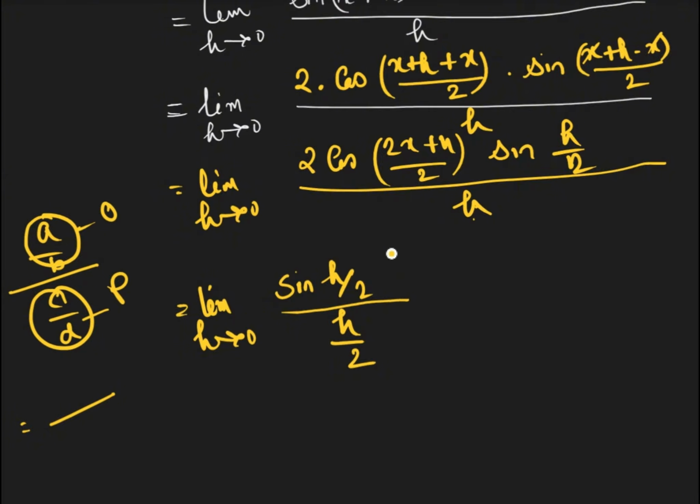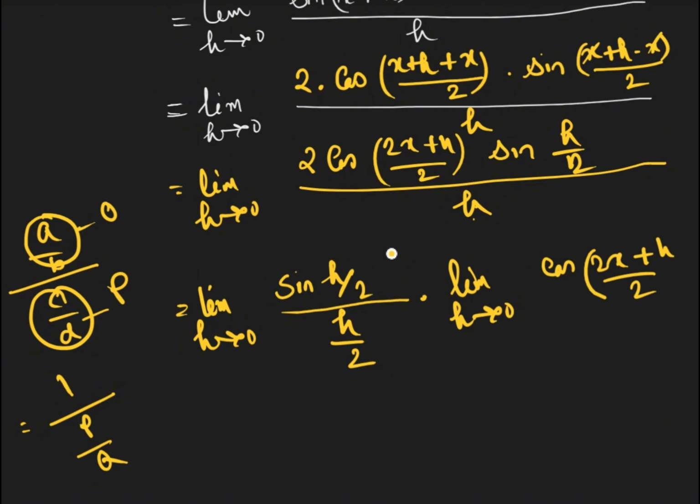So we could write down p over q, right? And limit h tends to 0 cos of 2x plus h over 2.